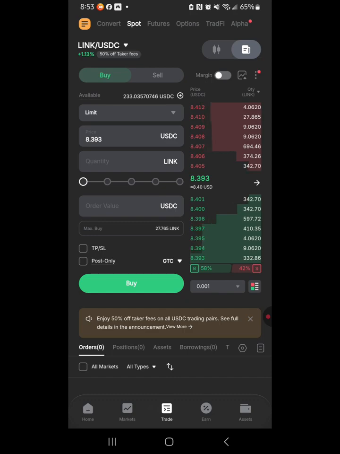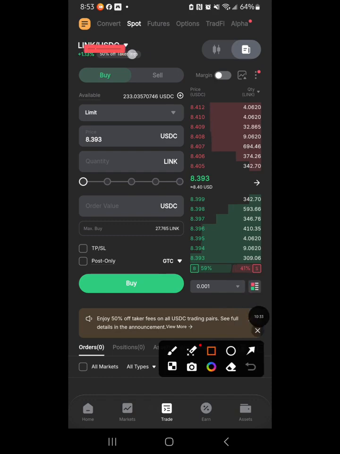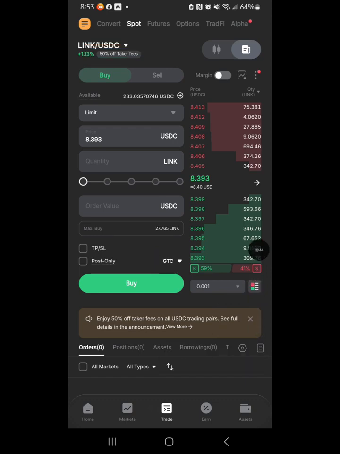We're going to be queuing alongside the buyers, because it says 50% off taker fee. A lot of people see this and think, oh, am I going to make a mistake? They start to panic and do all sorts of stuff. Don't worry, this is not meant to give you any heart attack.